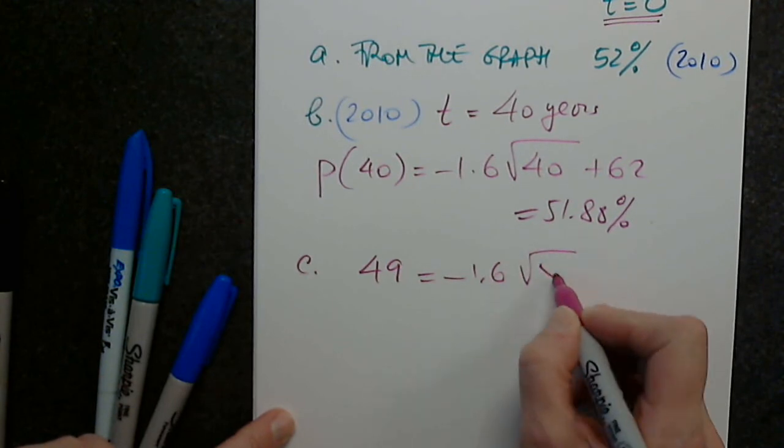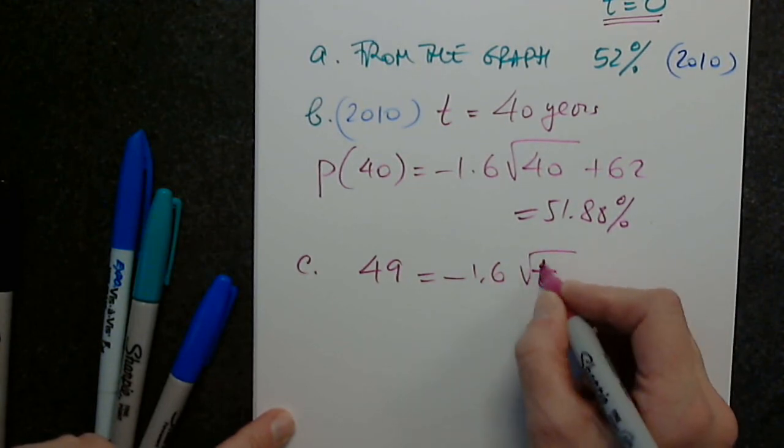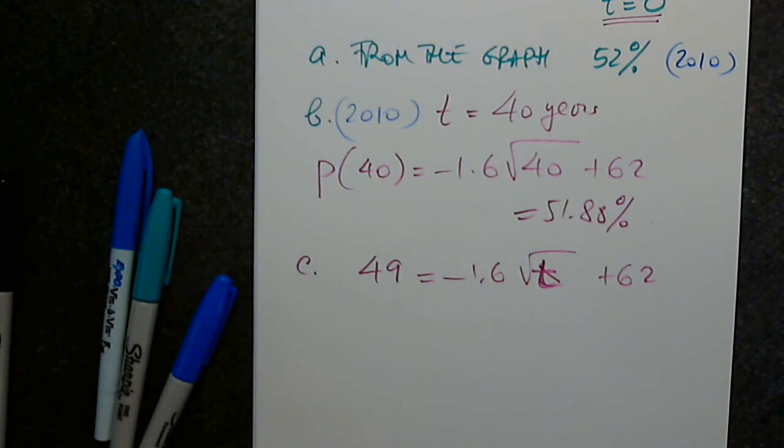So this is T. I was going to write X again. Very good. This time we were given the percent to find the year. Excellent. Okay, let's look at this and decide what type of equation it is and decide what to do.